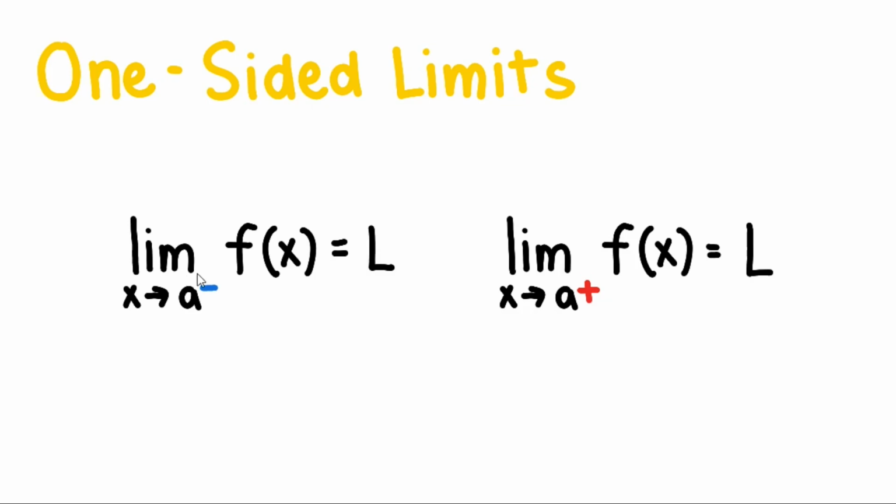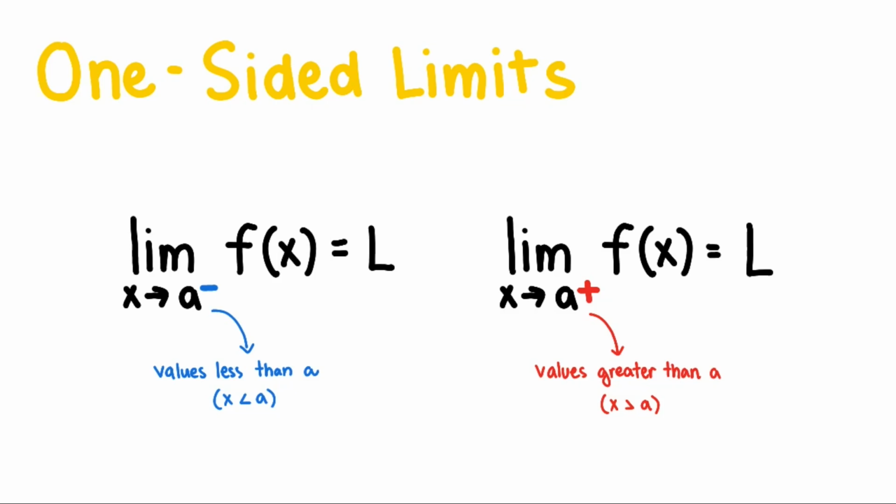So the a with a minus sign out here represents the values of x less than a, or from the left of a, while this a with a plus sign out here refers to the values of x greater than a, so from the right side of a. So these are the two notations that we need to remember when dealing with one-sided limits.